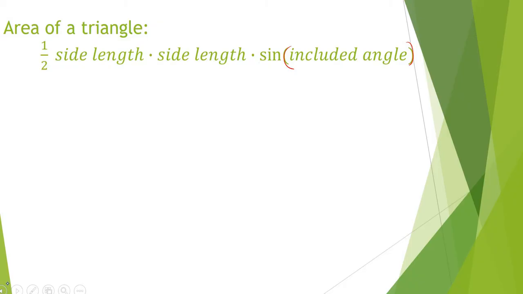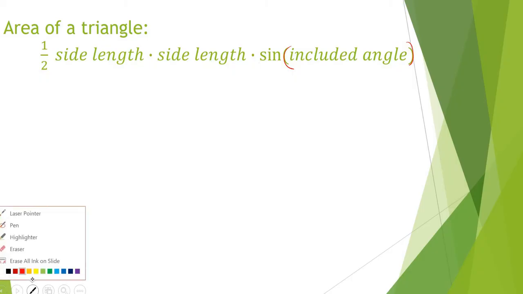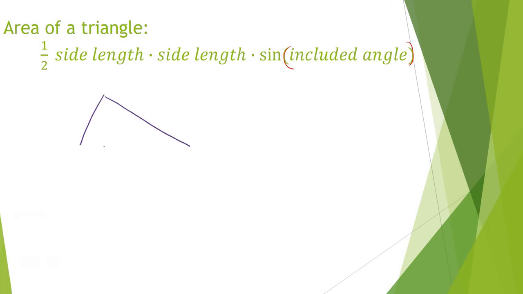So let's try one of these. All right, so if I have a triangle that looks like this, and I give you 54 degrees here, 10 on this side and 16 on this side.